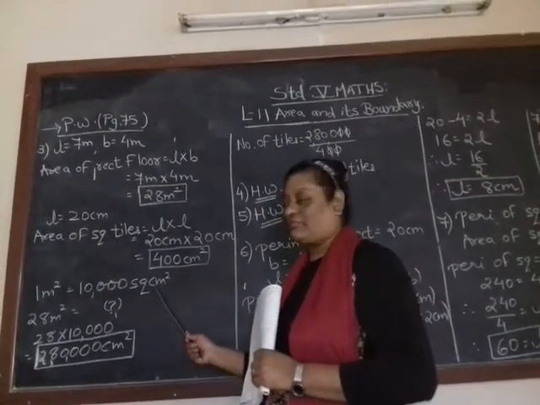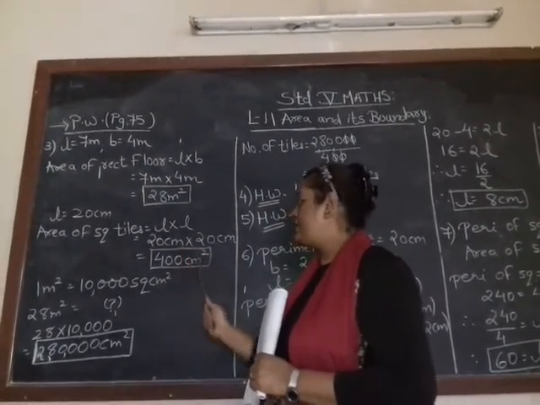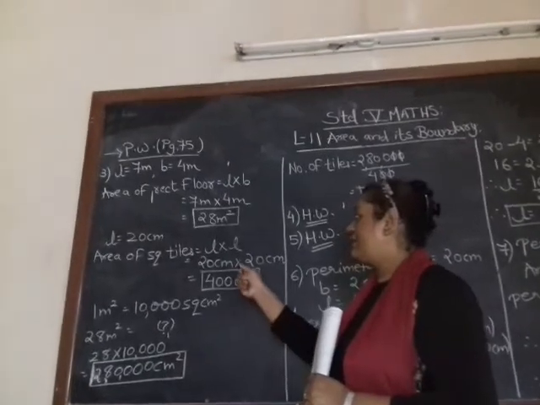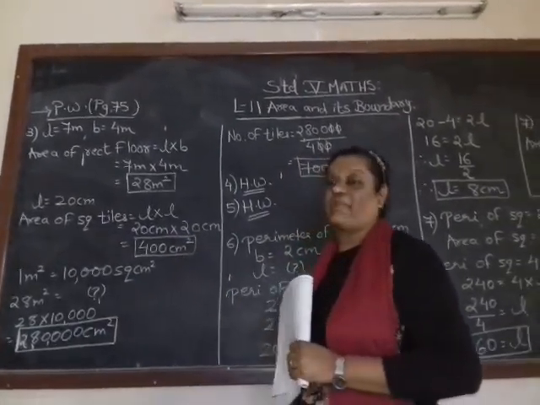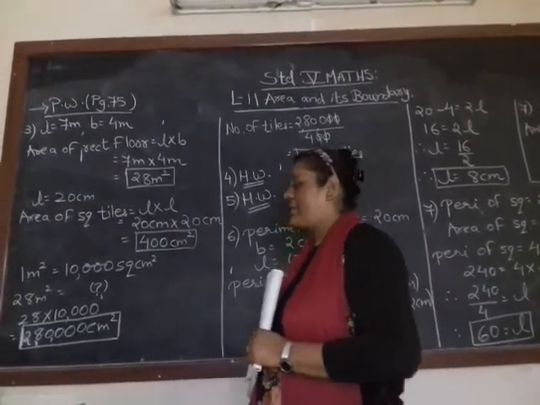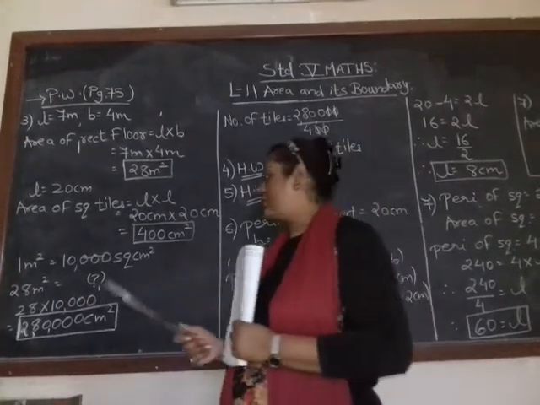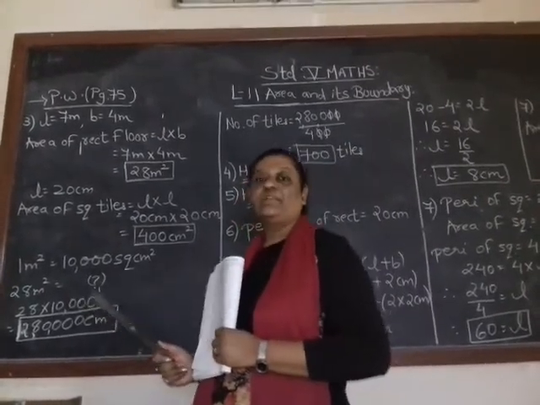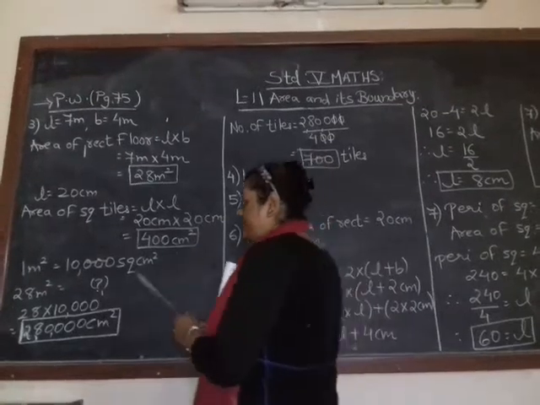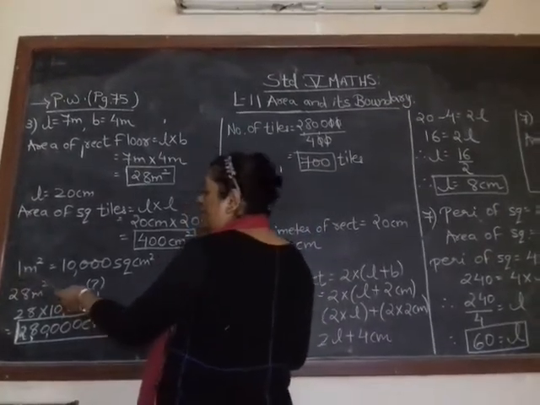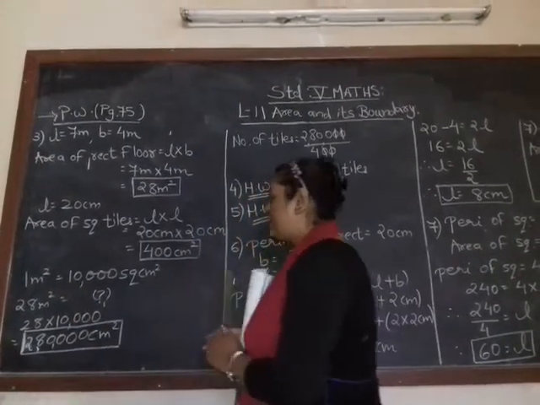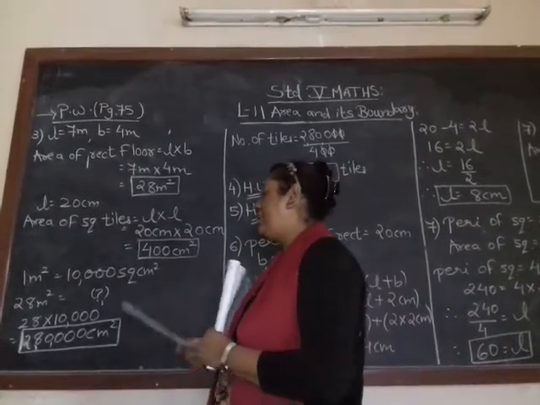Why we need to keep this formula? Because here the units are different, but along with them the unit is in square centimeter or square meter, where I cannot use 1 meter is equal to 100 centimeter. So I have to go with the formula: 1 meter square is equal to 10,000 square centimeter.